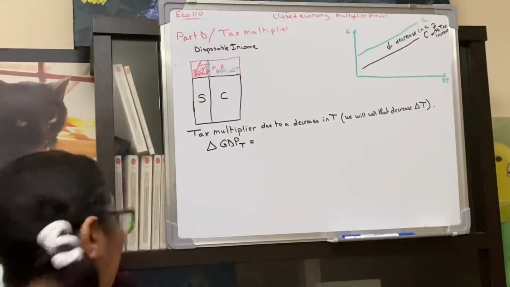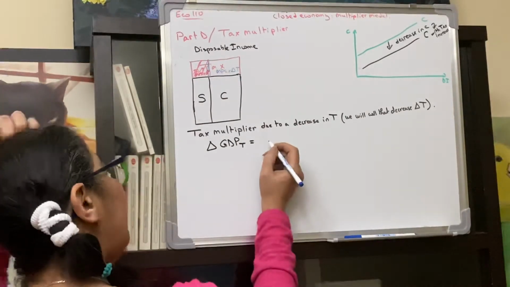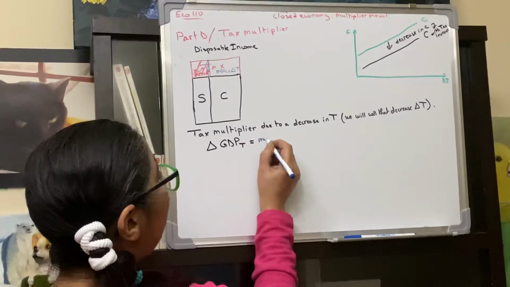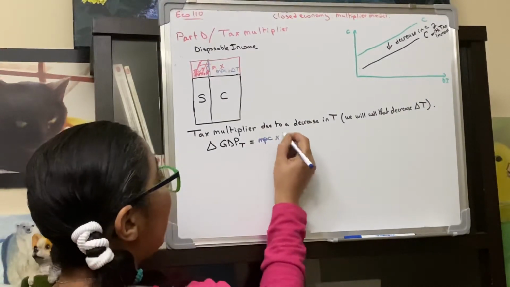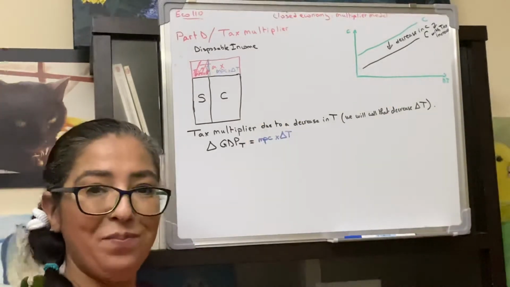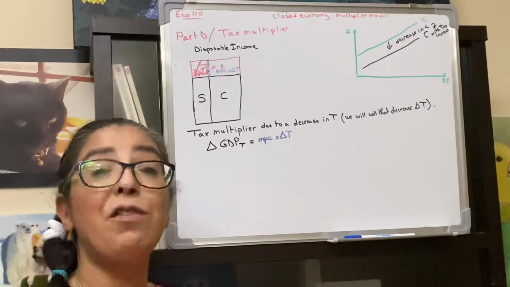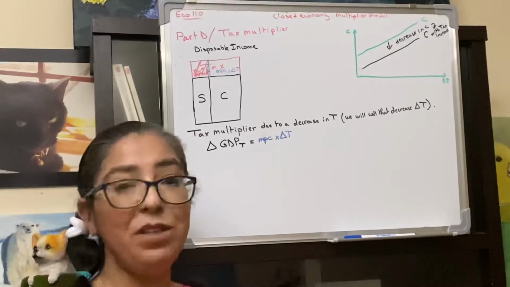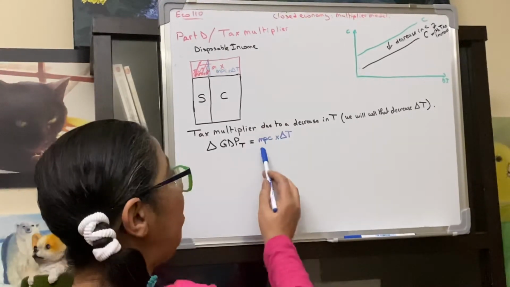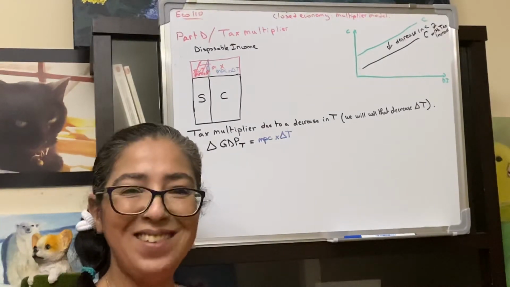So I'm going to add MPC times delta T. You're going to buy something with it. You bought it from somebody. Somebody received money, MPC times delta T. What is that person gonna do with it?